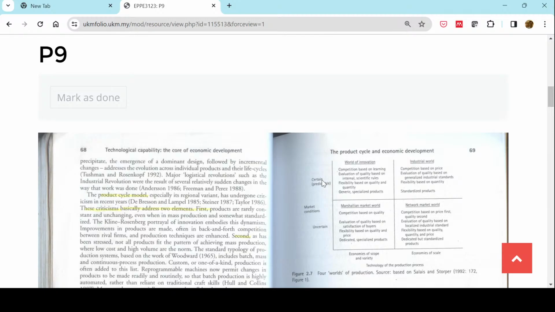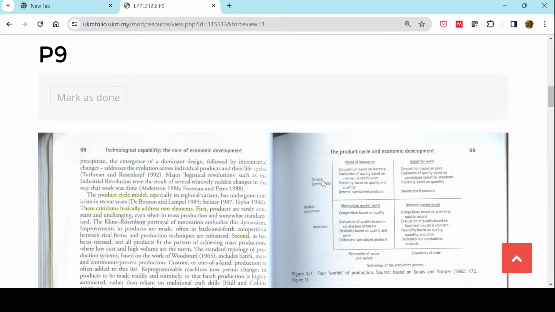On the other hand, the other side of the coin as well, we want to look at this way too. The Marshallian market world plus the industrial world. Marshallian is already, the market is uncertain. The four worlds of production. The pace of technological change has become more rapid in recent years, especially when viewed in terms of the life of products.